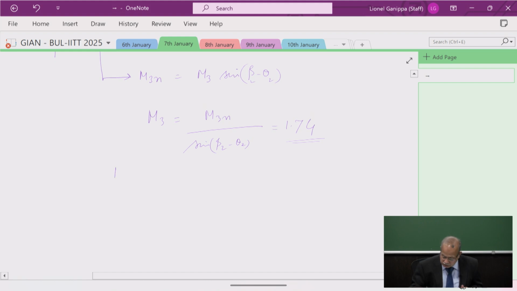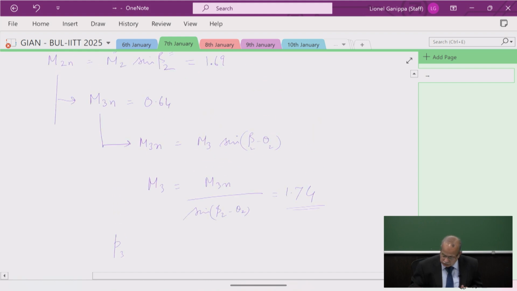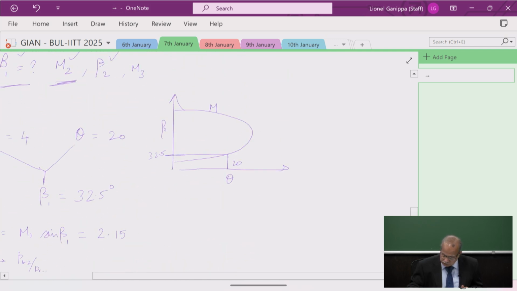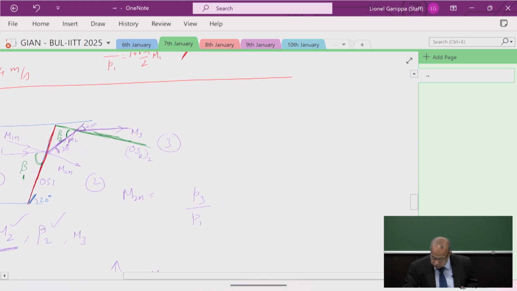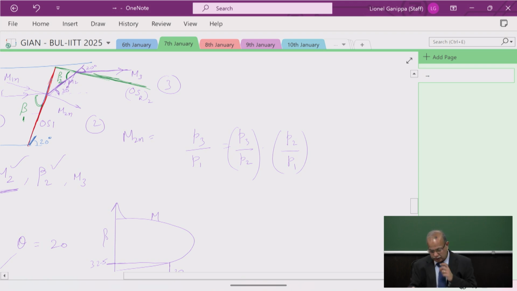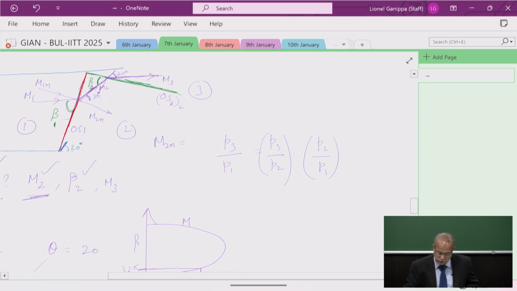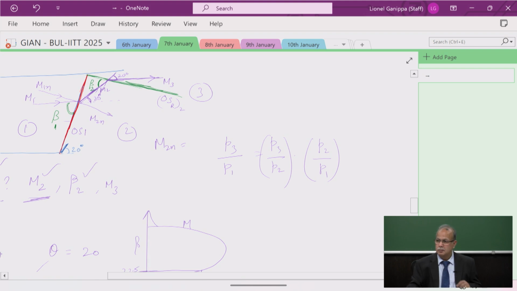If we want, we can find the overall strength of the shock wave, which is P3 by P1, which is equal to P3 by P2 into P2 by P1, which means you have to find the pressure ratios across the shocks using M1n and M2n.